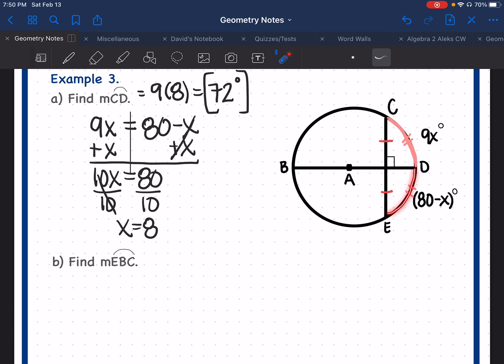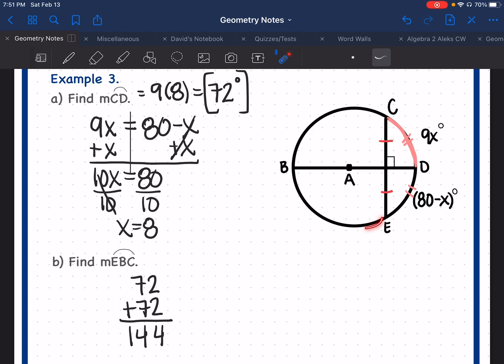This is also 72. I could come in here and say 80 minus 8 and do the 72, but I already know that they are equal, so they both have to be 72. So I'm going to say 72 plus 72, 144. Okay, but that only gets me here.